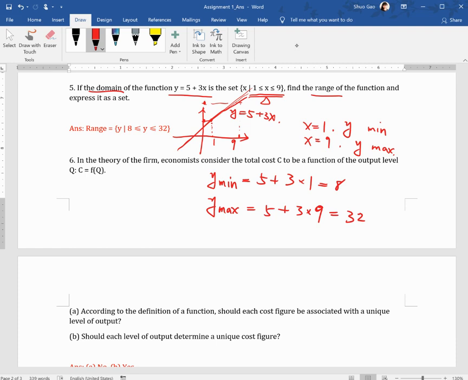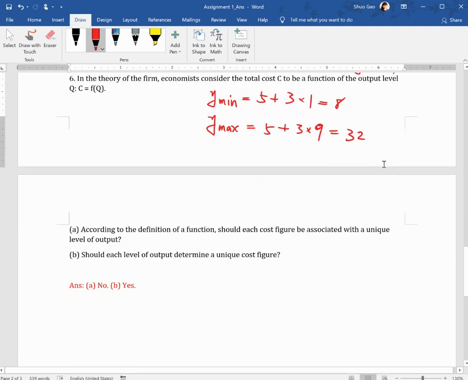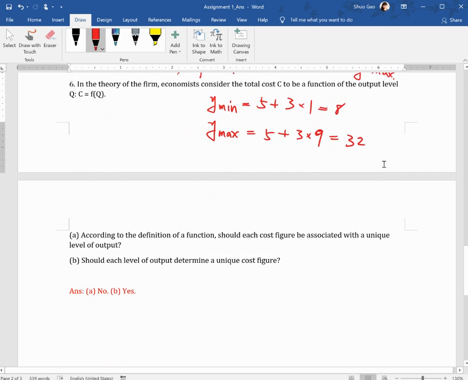So we know that the range of the function, or the potential values that y can take under the domain, should be from 8 to 32, right? And pay attention that this is a smaller or equal sign, right? There's an equal sign here, not just a smaller than. So that's question 5.